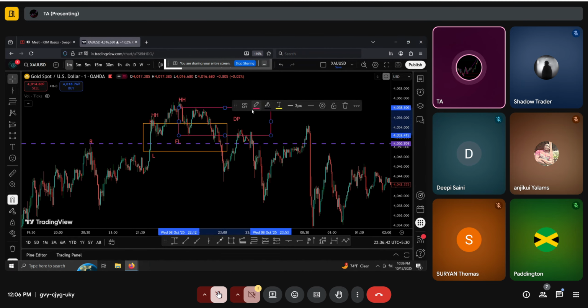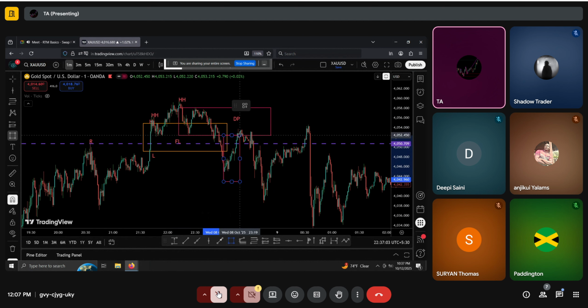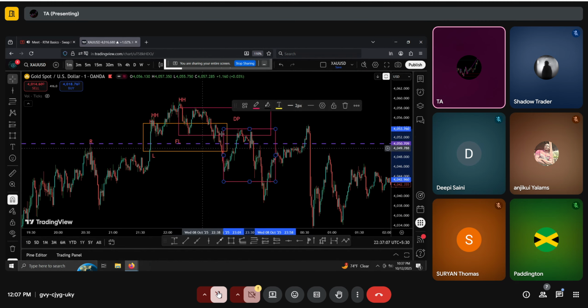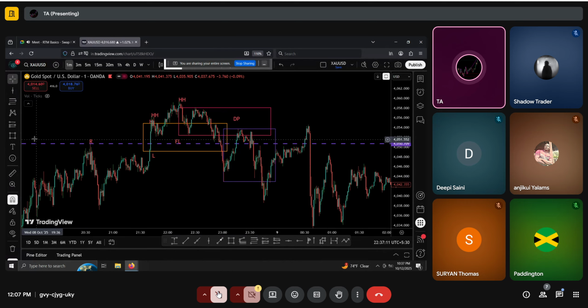If this DP is say 0 to 100, and if we draw a line and divide it in half, then you will see that it goes up, touches the DP, but did not penetrate to around the 50% area of the DP, right? So what do we call this? We call this the RS. This is the RS.